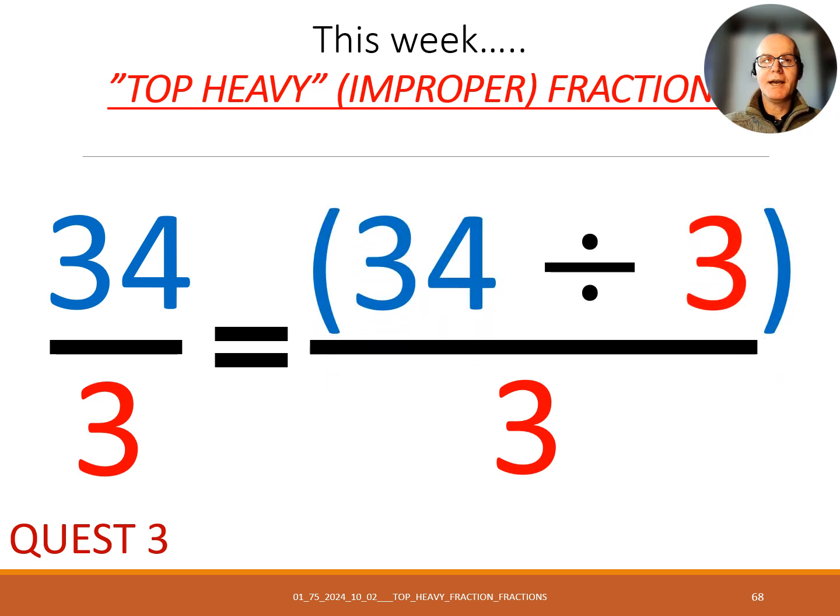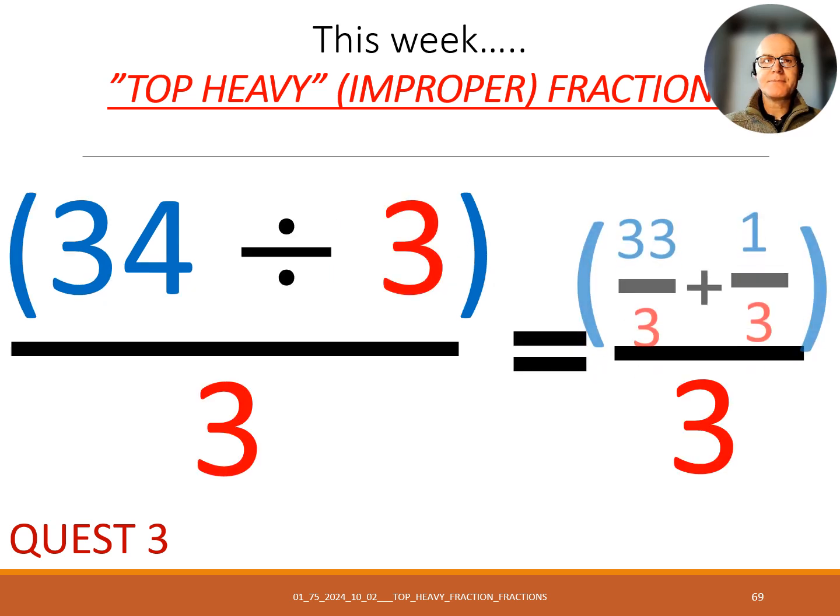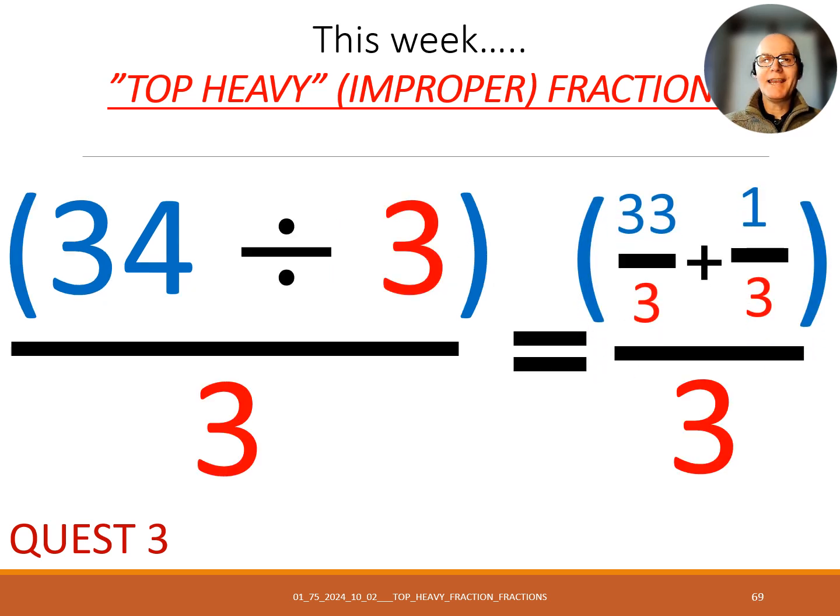First question, how many 3s go into 34? How many whole lots of 3s are we going to get? We're going to get 11 whole lots of 3s. 11 3s are 33, with 1 lot of 3 left over.